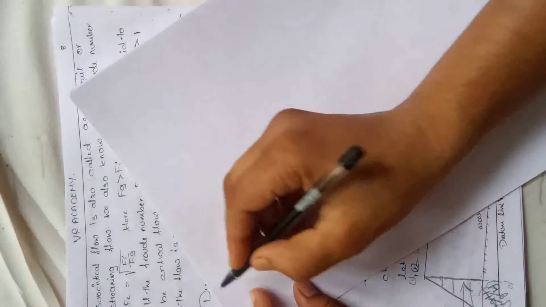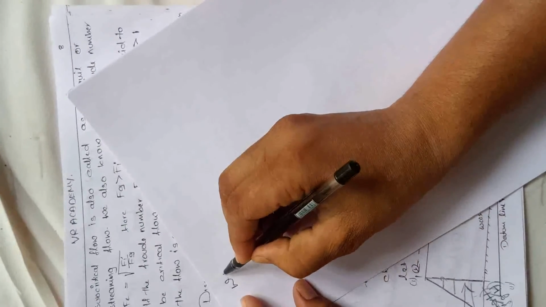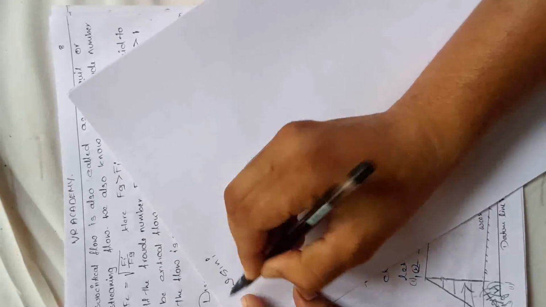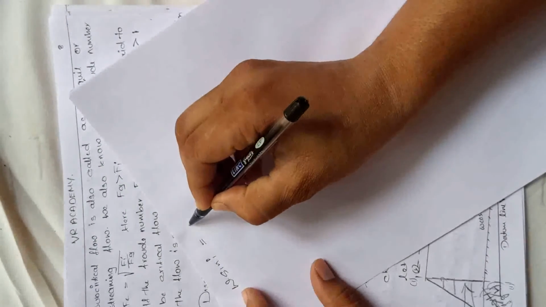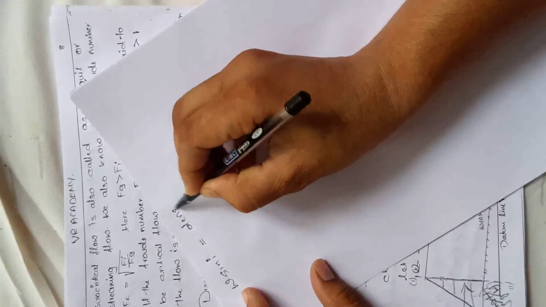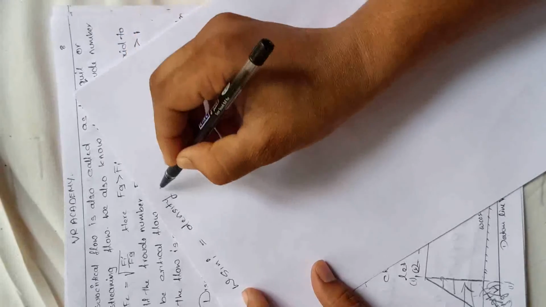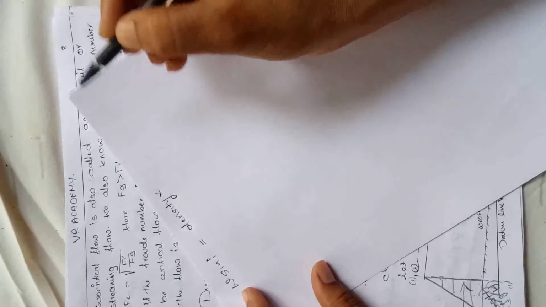So how to find the weight of the water? The unit of weight is Newton. So you can find it from density into volume.